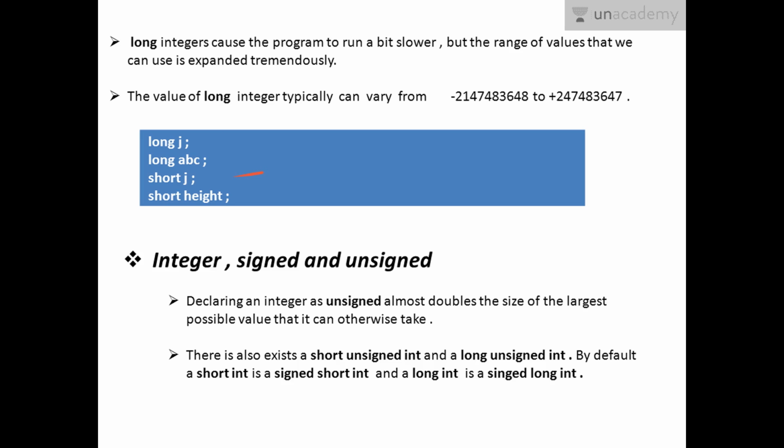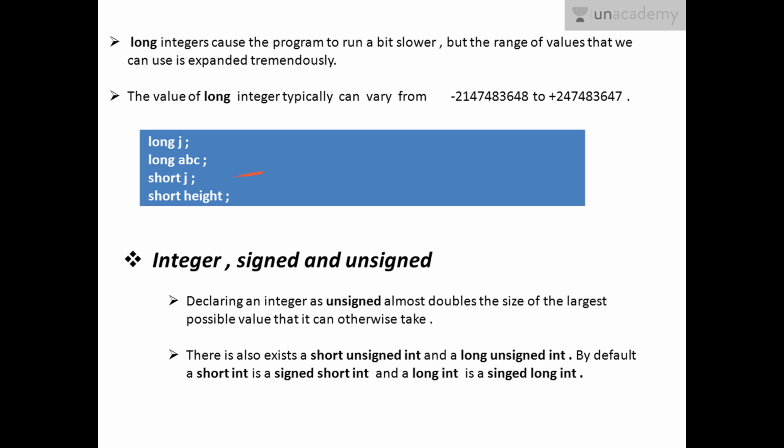When you come to the next term, integers of signed and unsigned. Here we'll be discussing what sign that integer has, whether positive or negative. Though we declare it as signed or unsigned, by default it will be a signed integer.